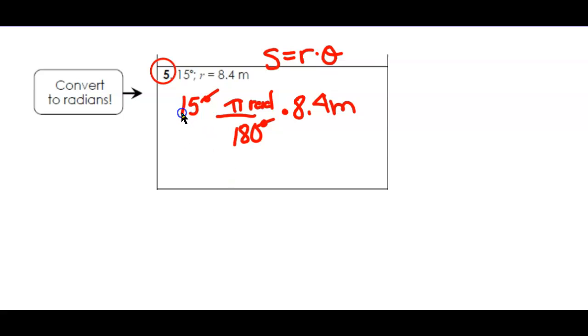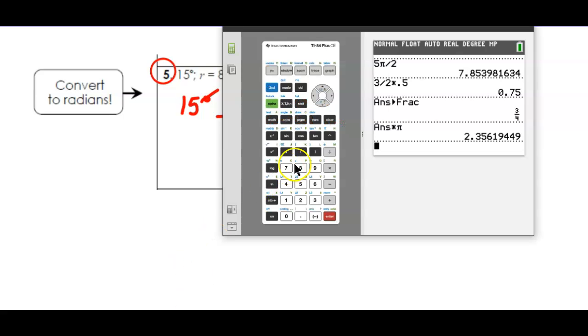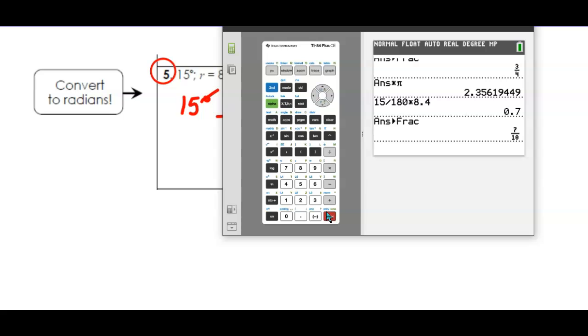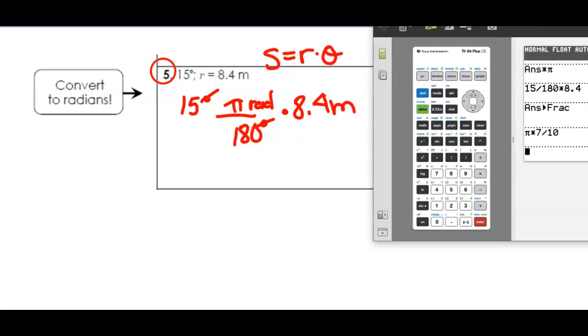So we're going to go 15 divided by 180 times 8.4 and then change it to a fraction, not a decimal. So 7/10. Then multiply it by pi to get the decimal, 2.2.